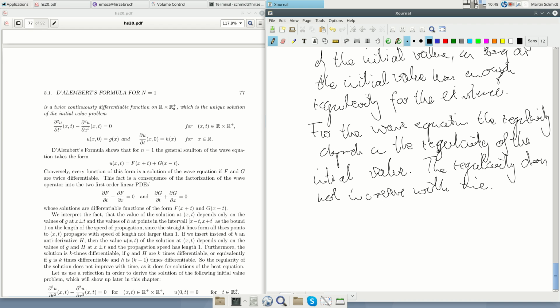Let me make one more remark concerning the velocity.